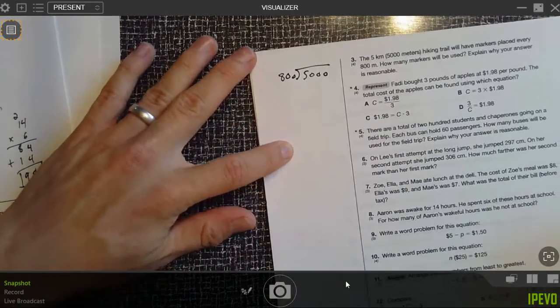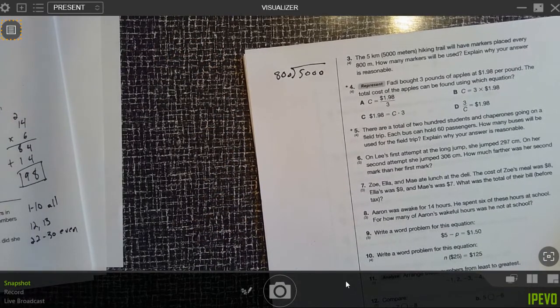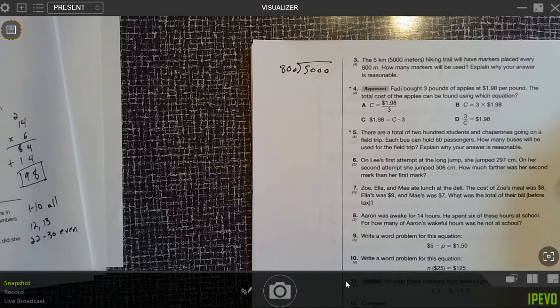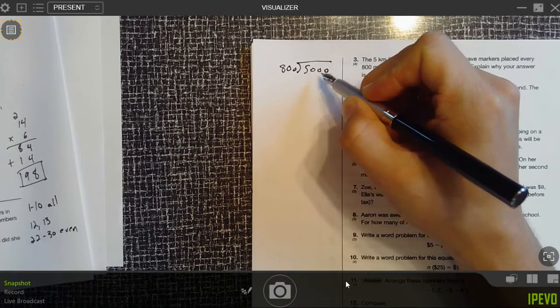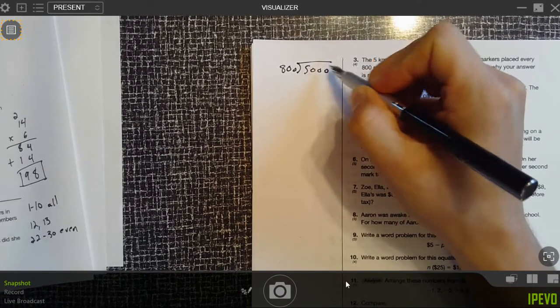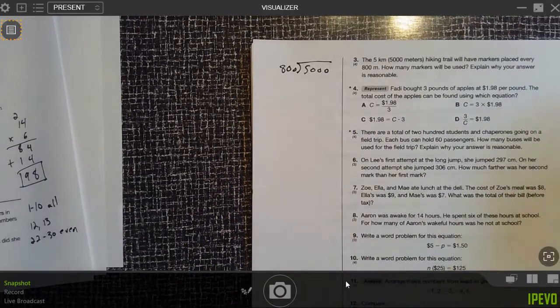Okay. Well, this is, of course, another pain in the butt here, right? Because if I go ahead and try to do 800 into 500 or 550, it's not going to work. I have to kind of do it all in one go.